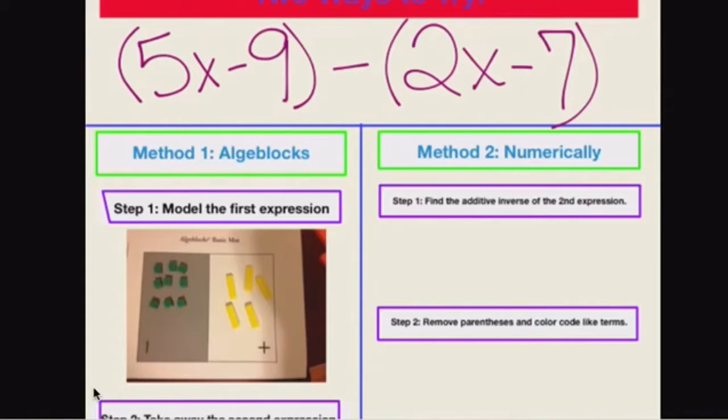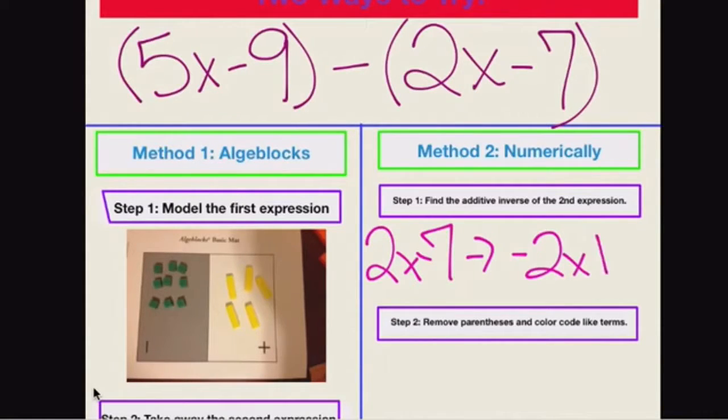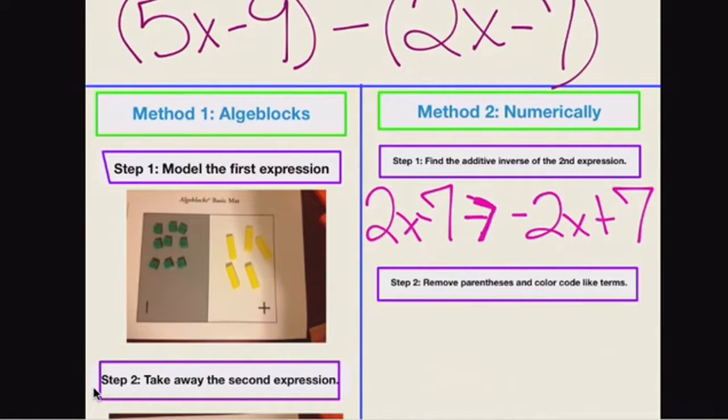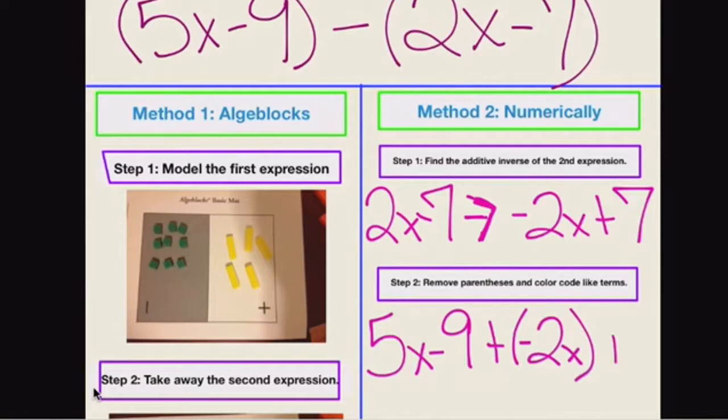All right, let's try this numerically now. Again, we're just going to start by finding the additive inverse of the second expression. So 2x minus 7 is going to become negative 2x plus 7. Finding those opposites. Let's rewrite our expression now using our additive inverse and taking out the parentheses. So 5x minus 9 plus negative 2x plus 7. Again, let's color code our like terms.